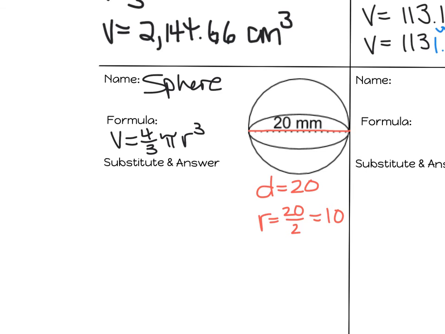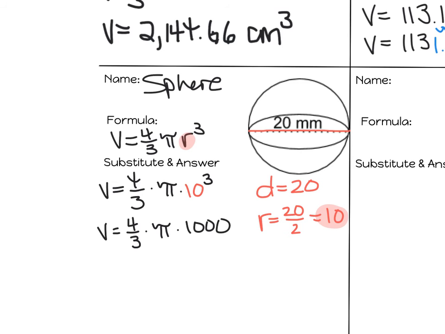So now I'm just going to plug in my radius of 10 into r. So 4/3 times pi times 10 to the 3rd power. So that gets us volume equals 4/3 times pi times 10 to the 3rd, which I can rewrite as 1,000.